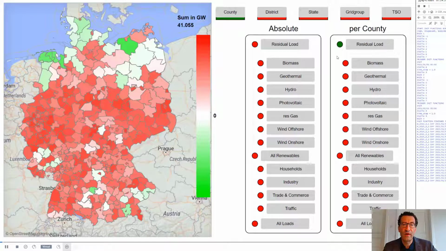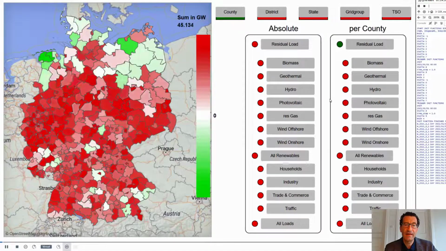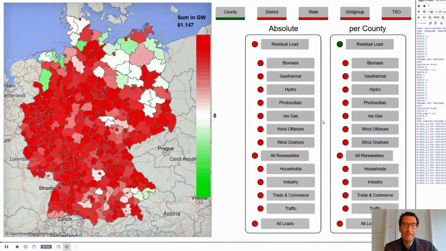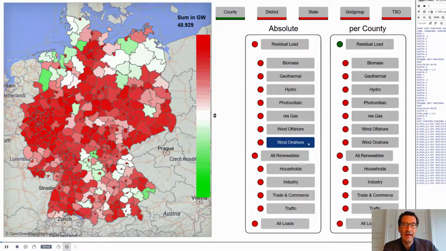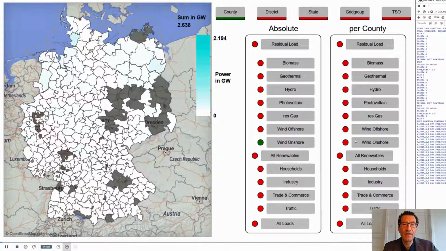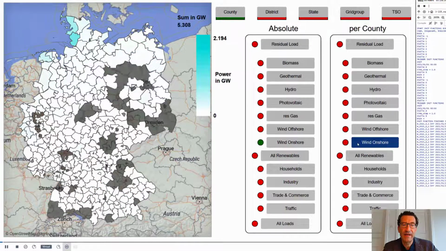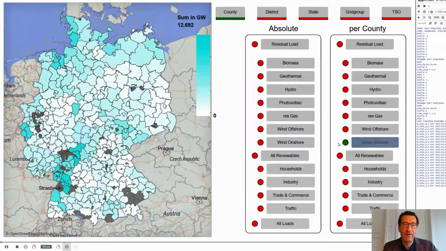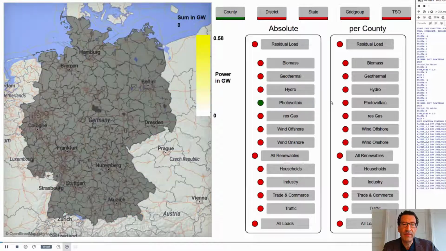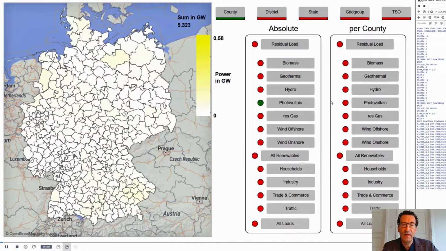First of all, I would like to give you an impression what is possible with the tool. This is an animation of a simulation model, and in it we model every county of Germany as an energy cell, and we have about 400 of them, and for every such county we have the capacities of the renewable generation units, and also we have the demands.